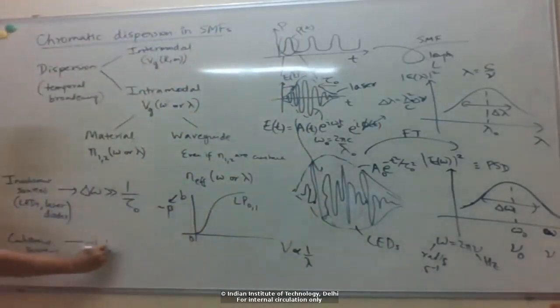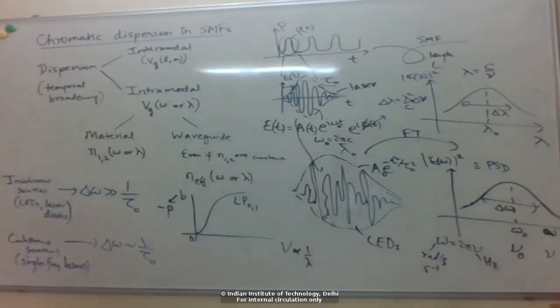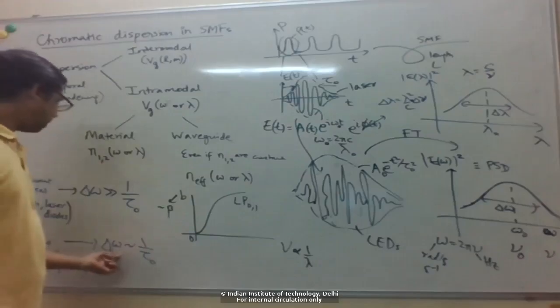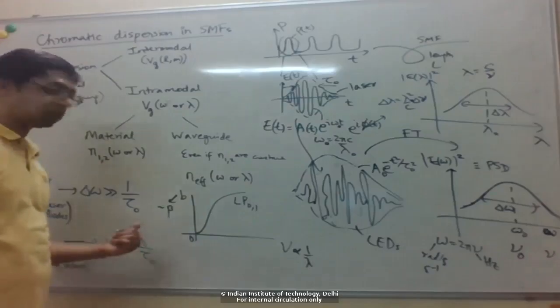Okay, so for these, the spectral bandwidth is determined by the pulse width. Okay, and the source, because now it's like a single frequency source, the line width of the source is very, very narrow, and that does not come into the picture. The spectral bandwidth is decided by the pulse width, right?